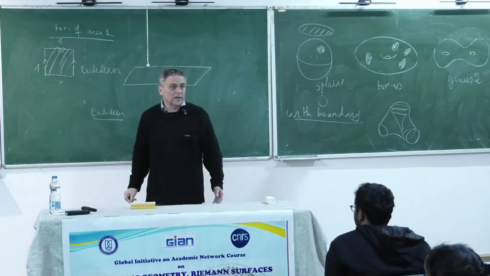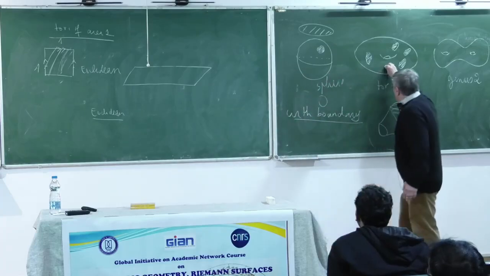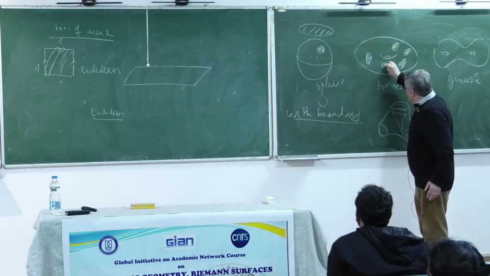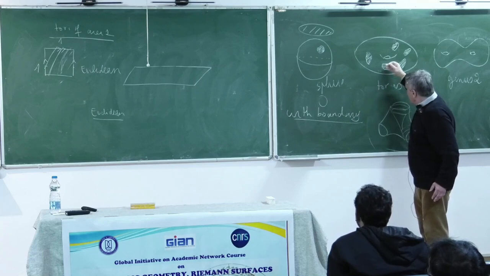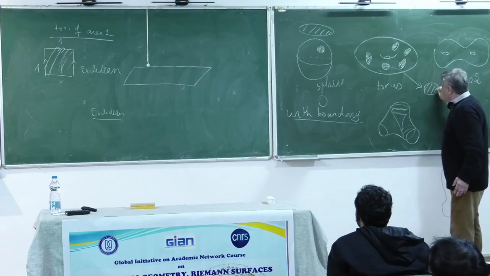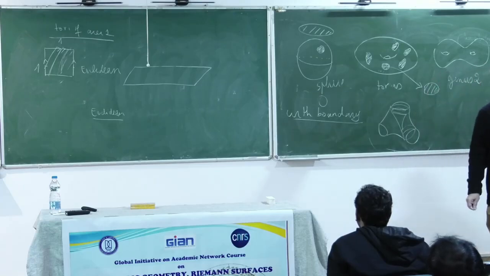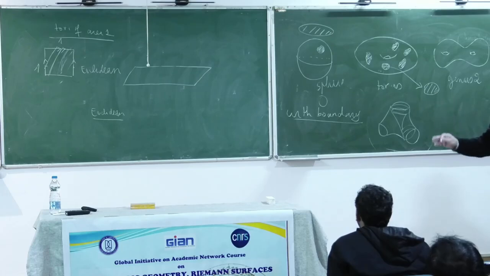What does this mean? This means that around each point, I have a small or a big neighborhood of this point which isometrically I can see as a subset of the Euclidean plane. Okay? This is what I mean by a Euclidean metric.